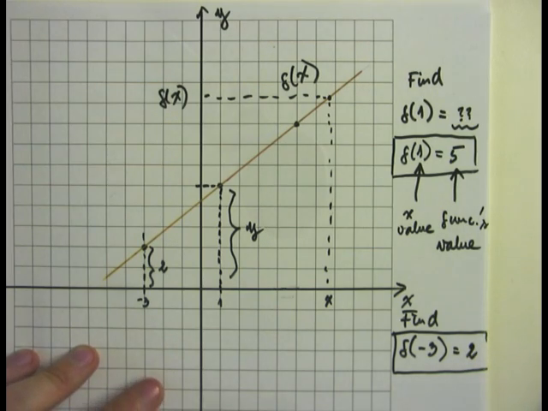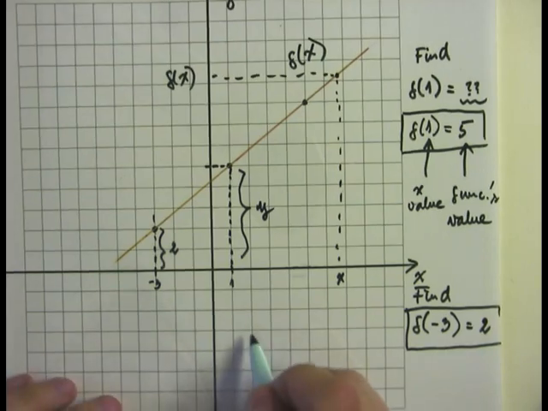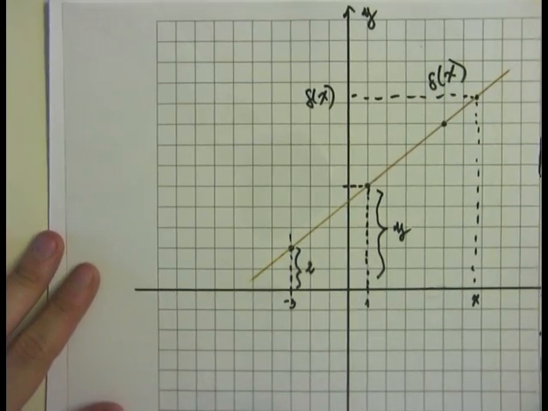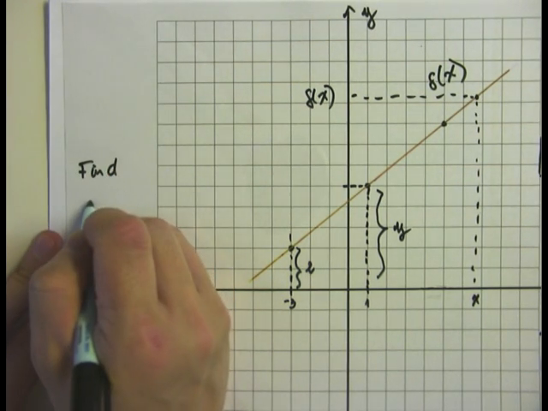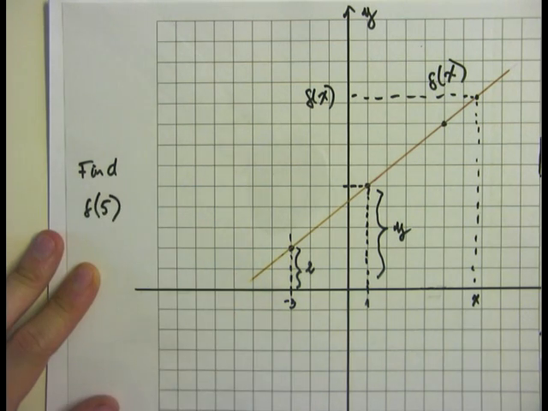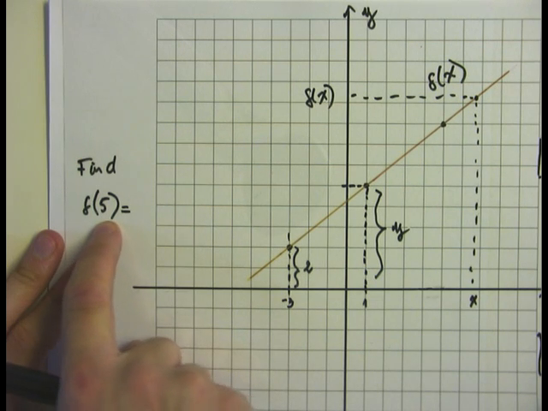Okay, and one more question. What if we were asked, on the other side of the graph here, to find f of 5? Once again, the easiest way to go is that the 5 represents the x value that we put into the function.